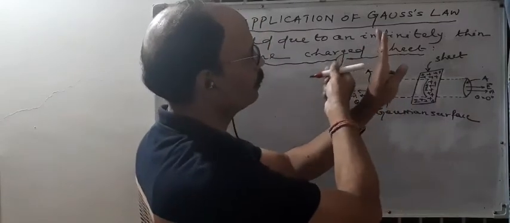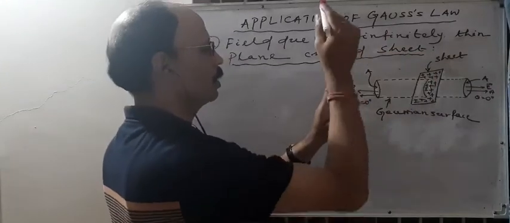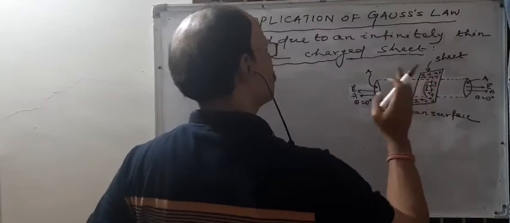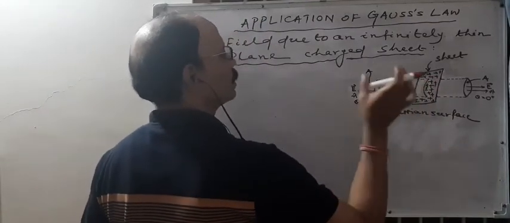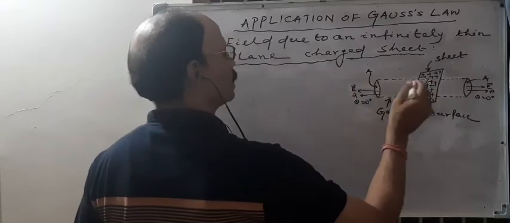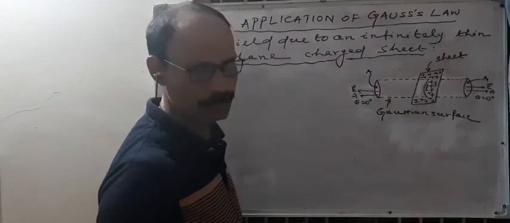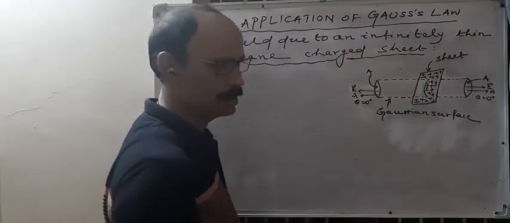So electric field will be in this way or in this way, not up and down. To measure the electric field at a distance, we have to take the Gaussian surface as a cylindrical Gaussian surface. Here we may also take the cuboidal Gaussian surface.